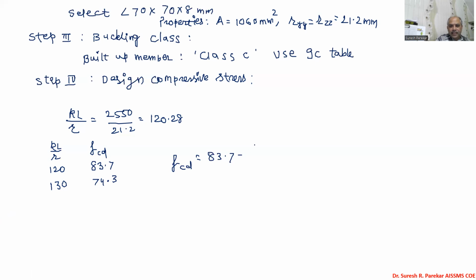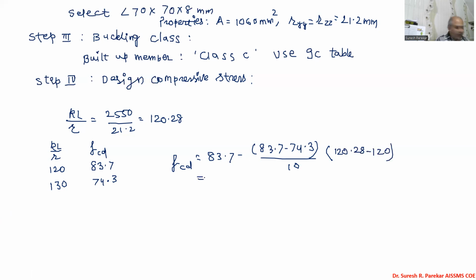From this we will get FCD equal to 83.7 minus 83.7 minus 74.3 divided by 10, multiplied by the difference from the base 120, that is 120.28 minus 120.